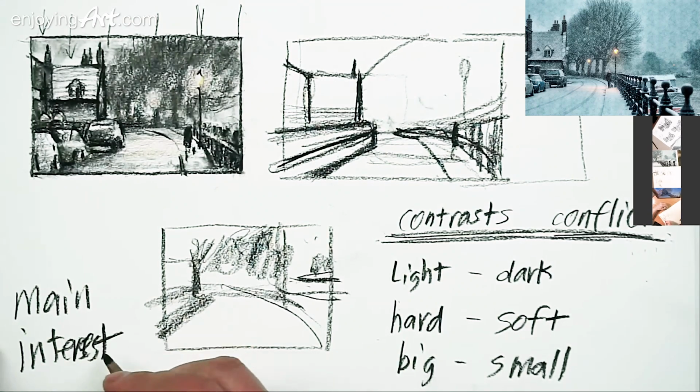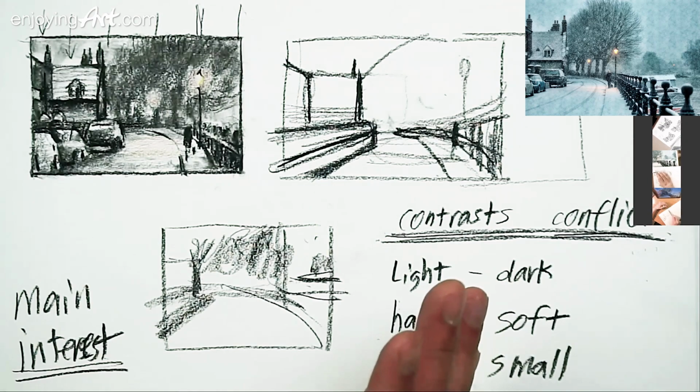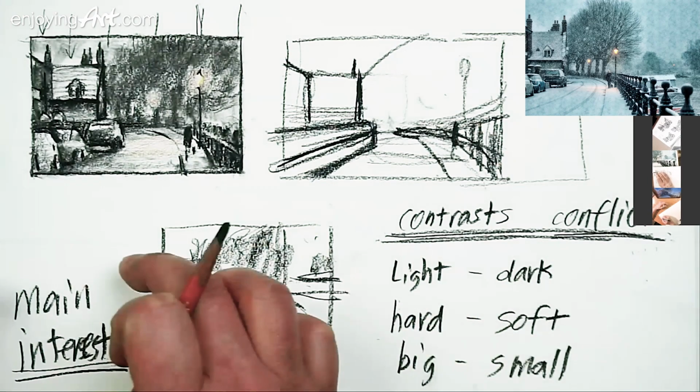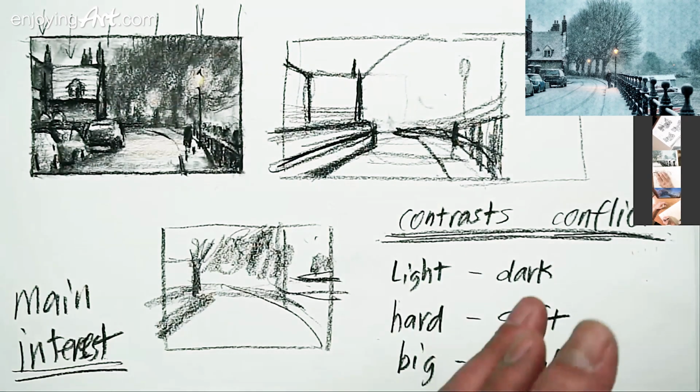So what's the main interest? You have to make sure you know what the main interest is. Whatever you do, you need to understand what the main interest is. The main interest would make you sacrifice one thing or the other to serve it.